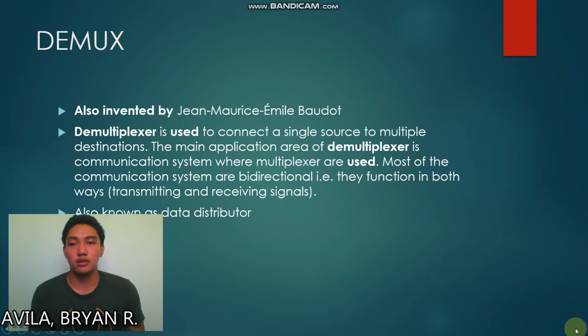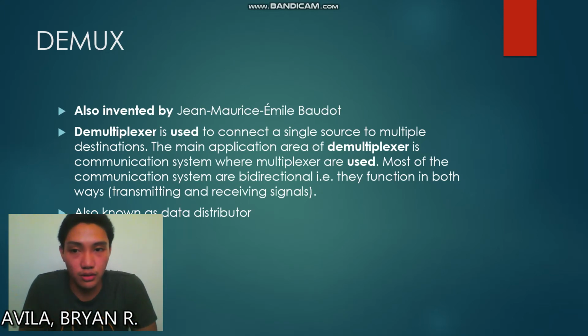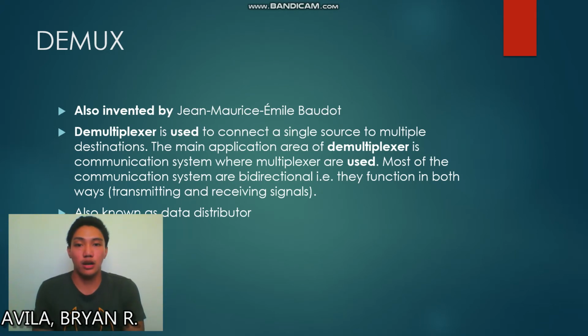The demultiplexer is also credited to Jean-Maurice Emile Baudot. The demultiplexer is used to connect a single source to multiple destinations. Its application area is in communication systems where multiplexers are used. It's designed to switch one common input line to one of several output lines.